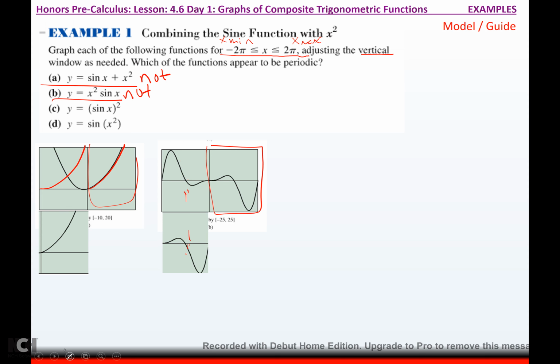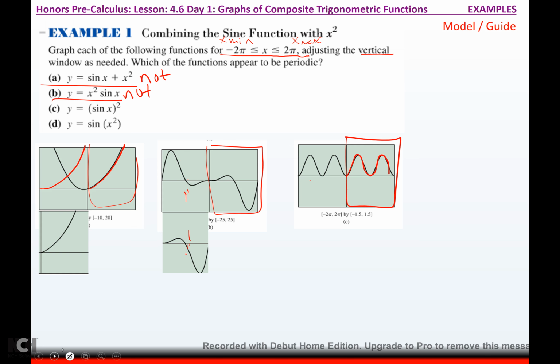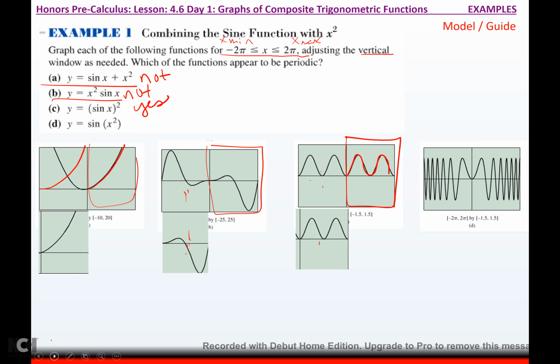If I graph y equals sine x squared, I get this function. If I take this side and lay it over on top of that side, it looks the same, so yes, it is periodic. But if I do sine of x squared, I get this function. If I pick up this side and move it over here, these two do not look the same, so this is not periodic.